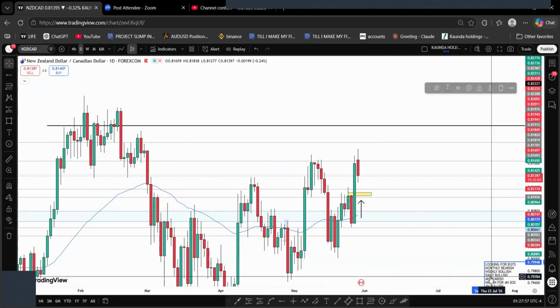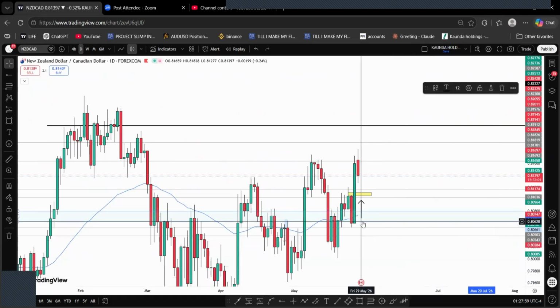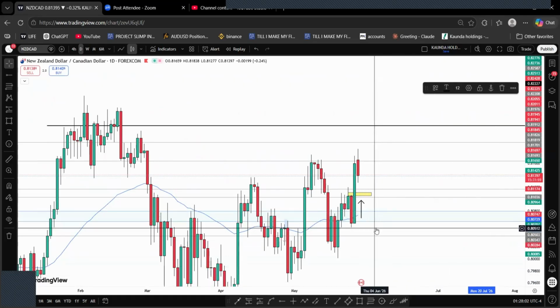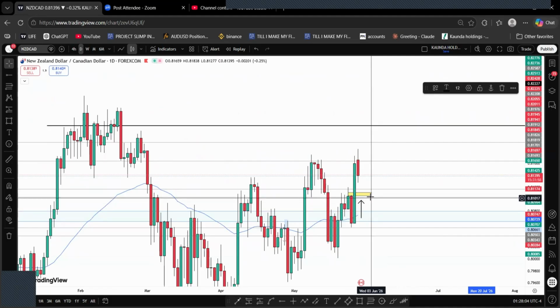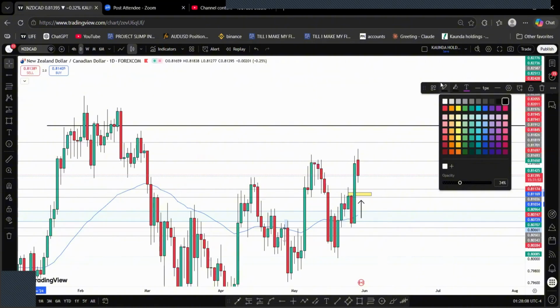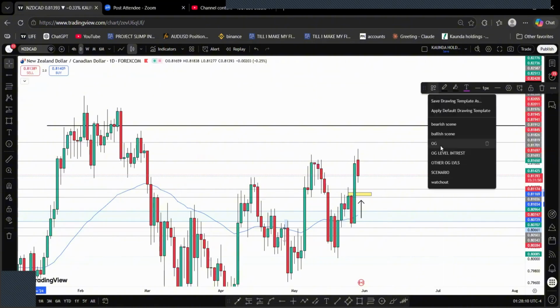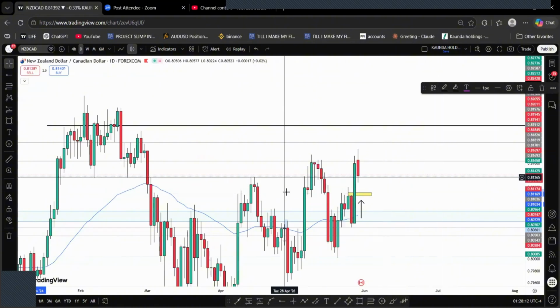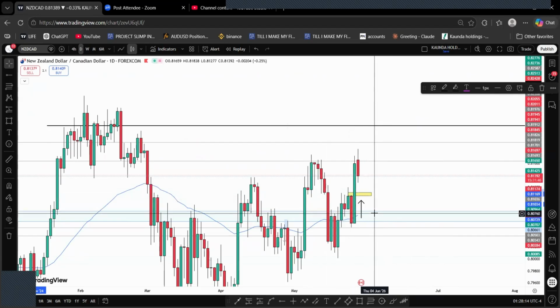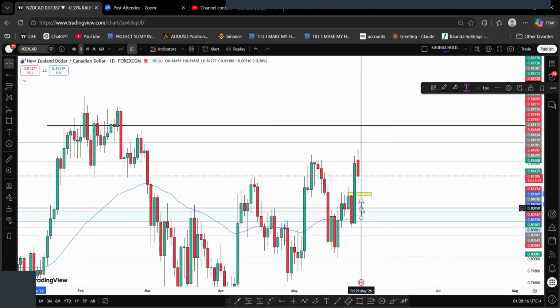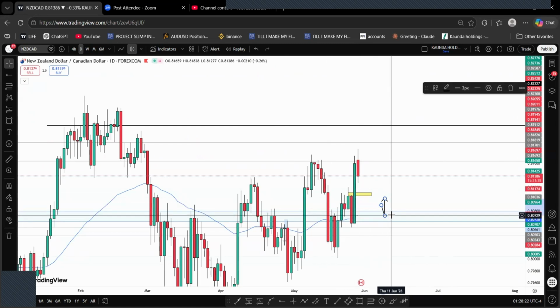So my plan still stands unless price fails to retest to this level and tries to show me it's holding at this point, then I can initiate my focus on this point here. But right now, I'm still waiting for price to come back to my spot here. And then let's see.